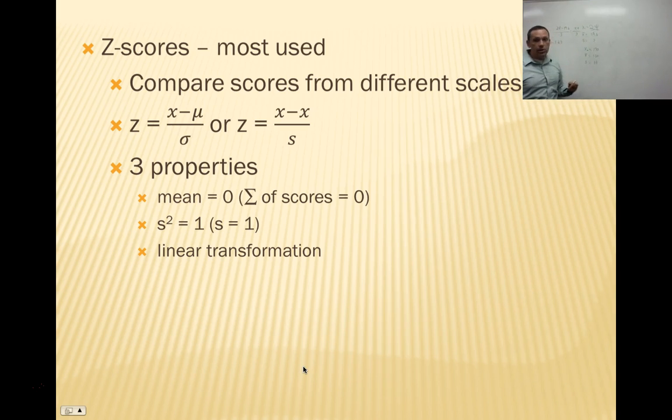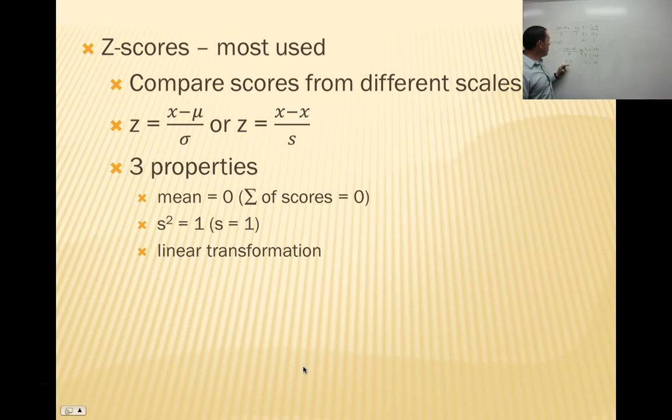Now let's calculate a z-score for the GRE score. I've got 170, and I'm going to subtract my 150, and now I'm going to divide that by 10. 170 minus 150 is 20. 20 divided by 10 is 2.